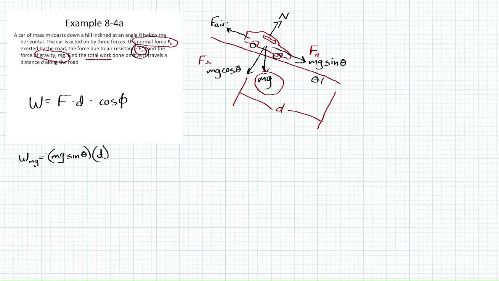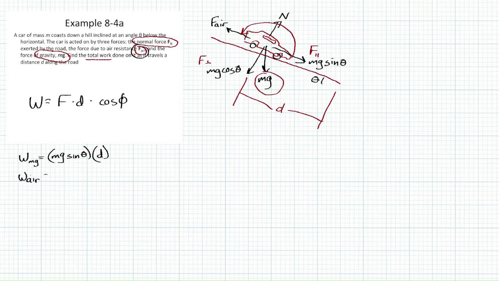All right. Well, then, what work is done by the force of the air? Work done by the air acting against the motion. Well, if this angle right in here, we'll call that phi for now, that angle between the parallel force and the road surface is 0, then that means that this angle, between the direction of displacement and this air friction force right here, is what?